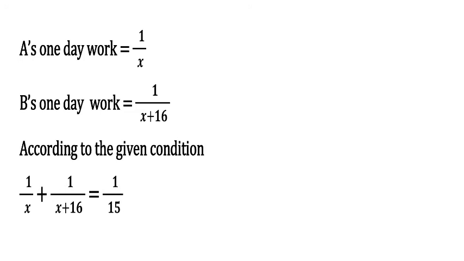So A's one day work and B's one day work will lead to 1/15, the portion of the work completed by A and B in one day if they work together. It seems to be a little bit different, but when we solve similar problems, you will get the clarity on how to represent this.